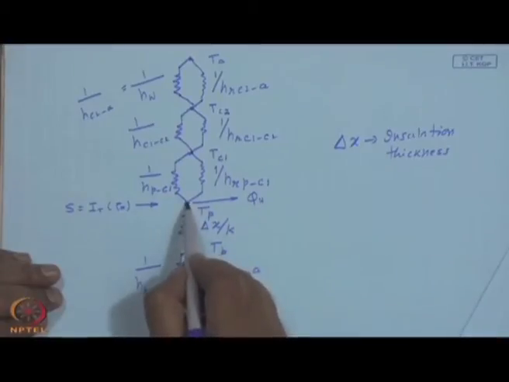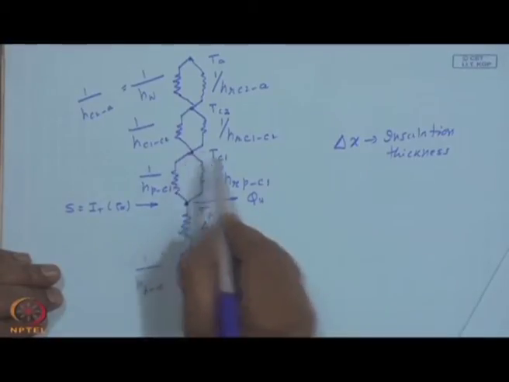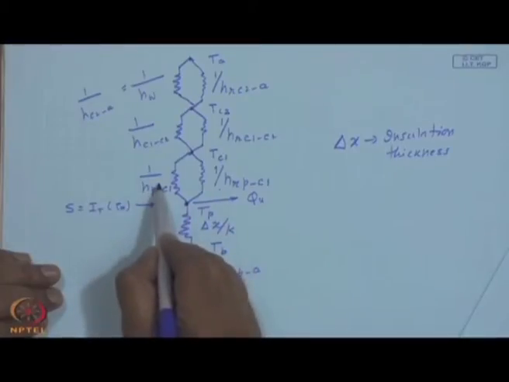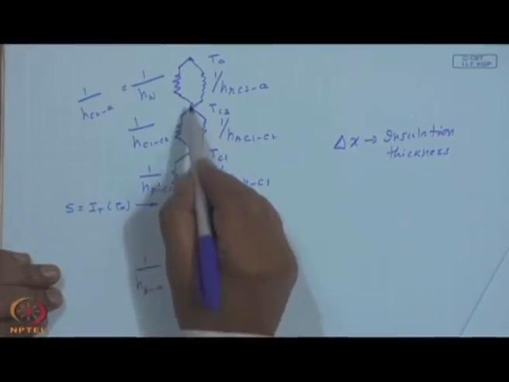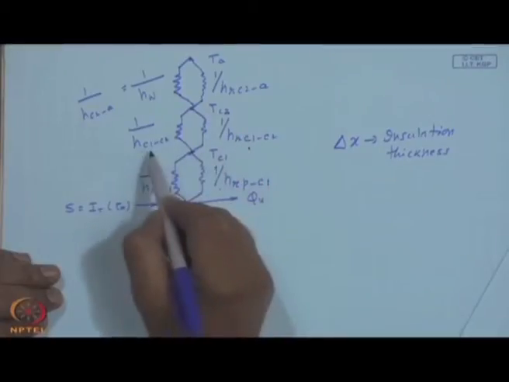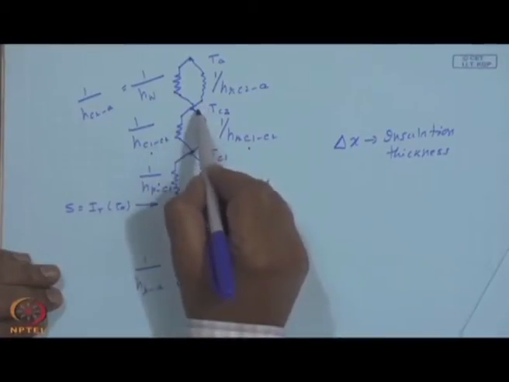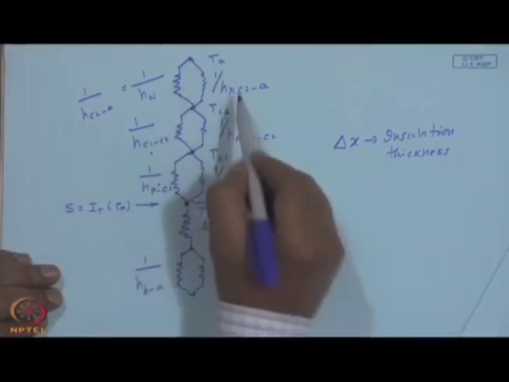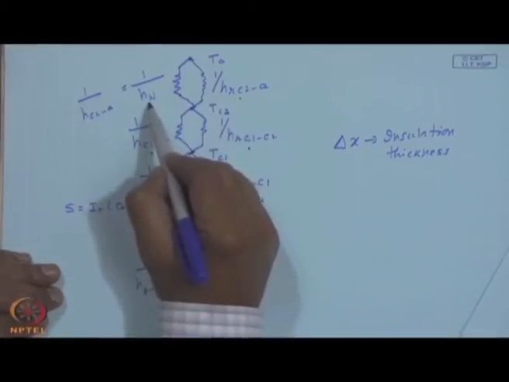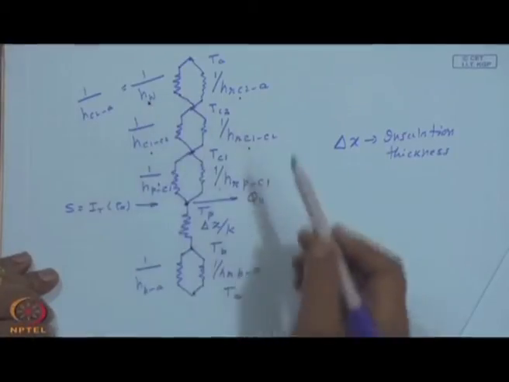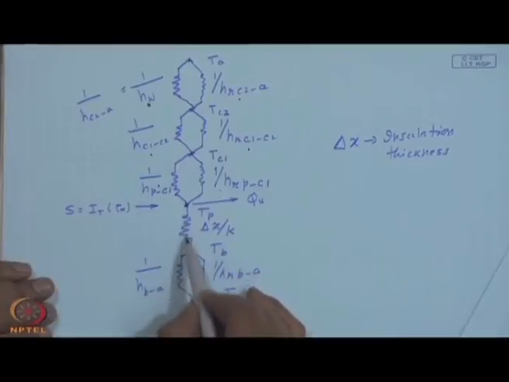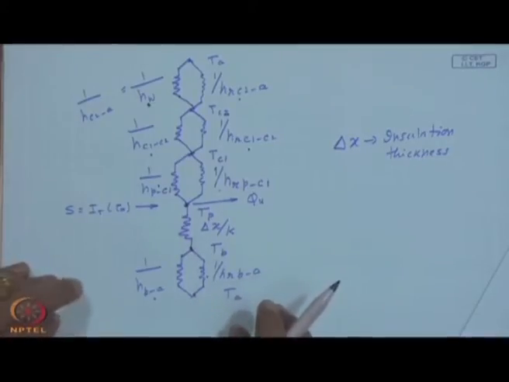The loss will be from the plate to cover 1 by radiation and by convection, and again from cover 1 to cover 2 by radiation and by convection, and from the cover to the ambient by radiation and the wind heat loss coefficient. From the bottom you have a conduction loss through the insulation and again a convection and radiation from the back of the solar collector to the surrounding temperature T A, which we assumed equal to the ambient temperature T A.